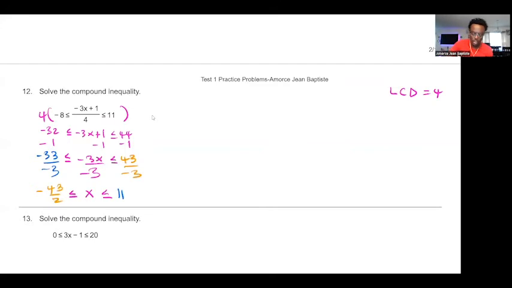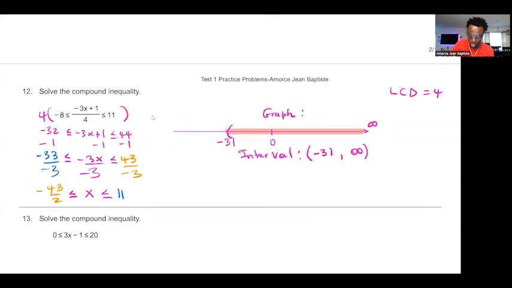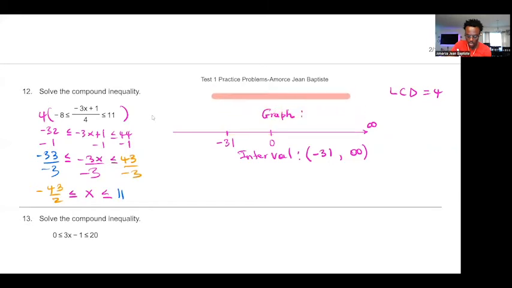Then we can give the answer. First we're gonna graph it, and next we're going to give the interval notation. So that said, I'm going to call this negative 43 over 3.